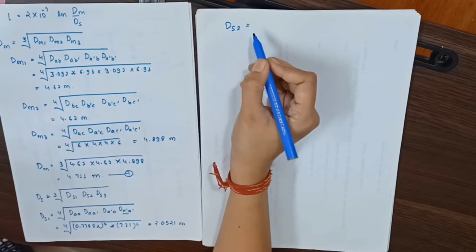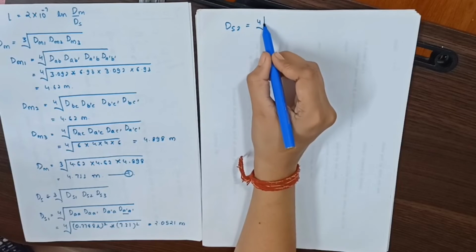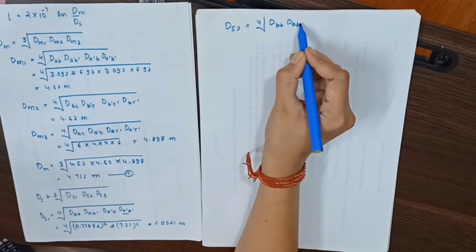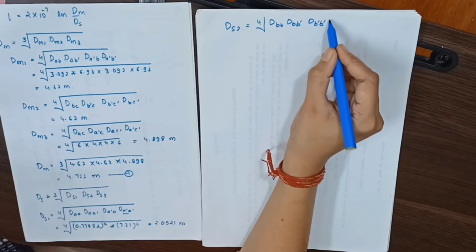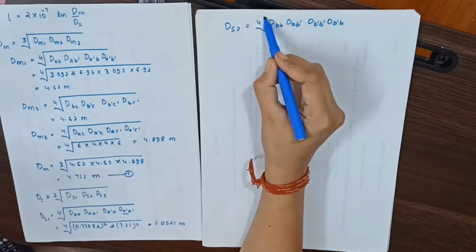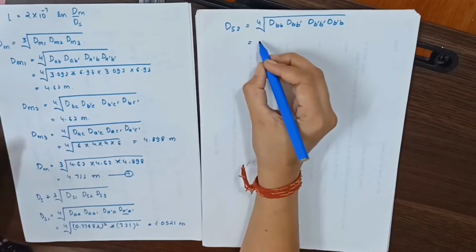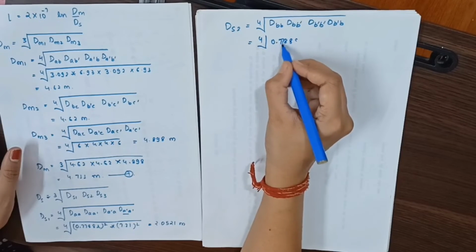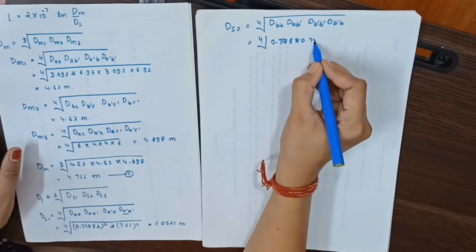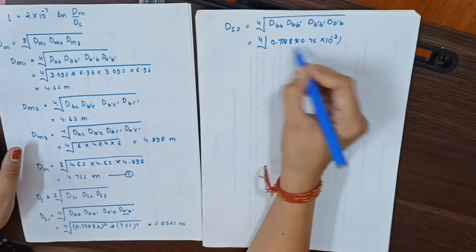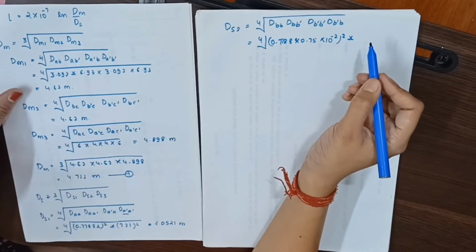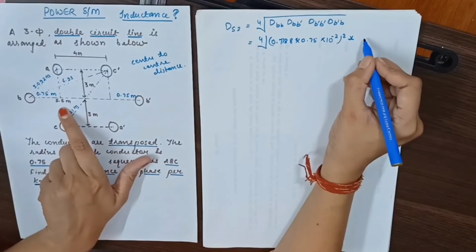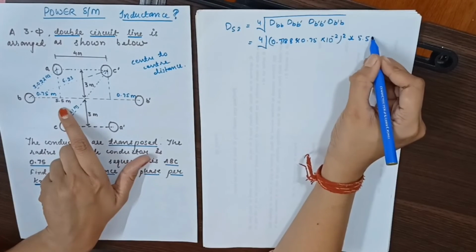Now Ds2 is in between B and B dash, so DBB, DBB dash, DB dash B dash and DB dash B. Again it will be the same, 0.7788 into 0.75 into 10 to the power minus 2, whole square, into 5.5 whole square.